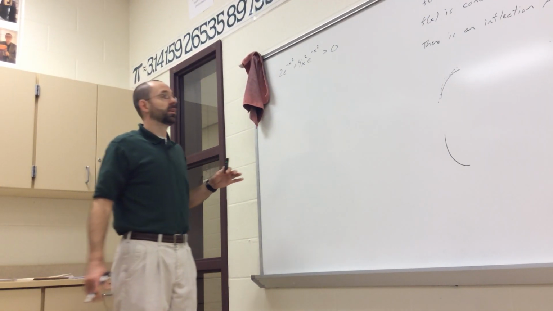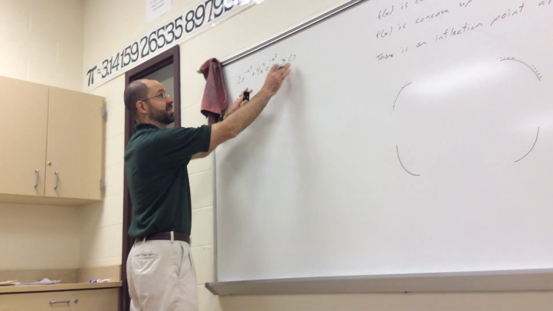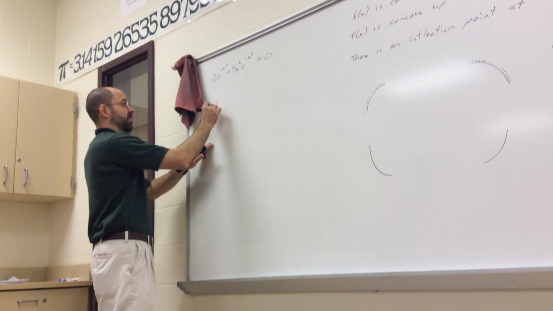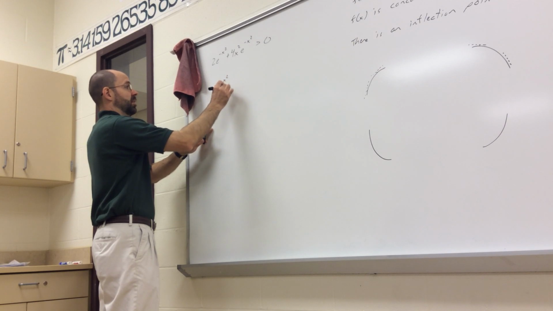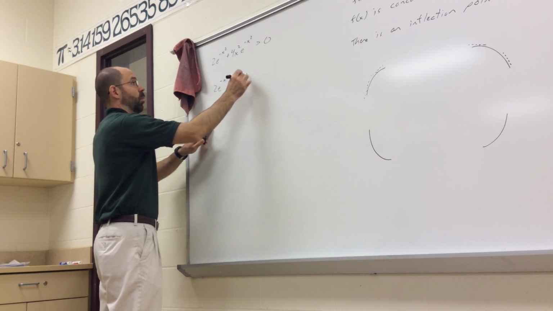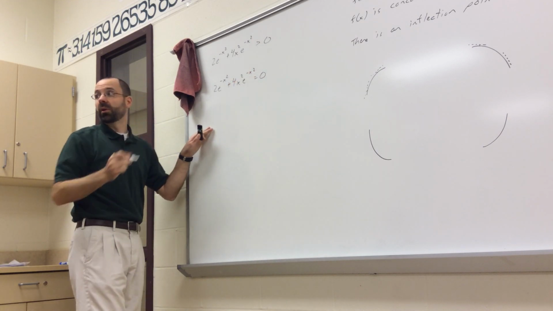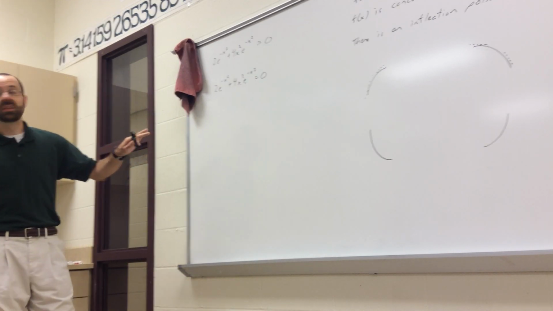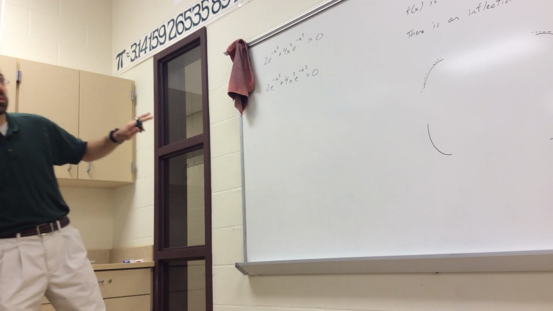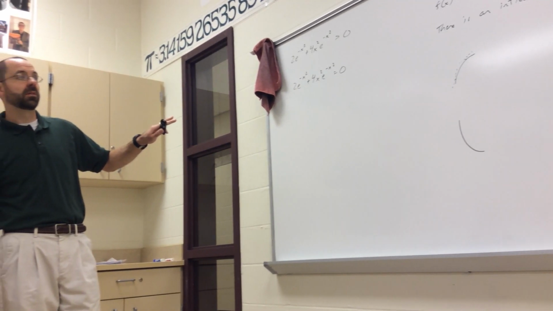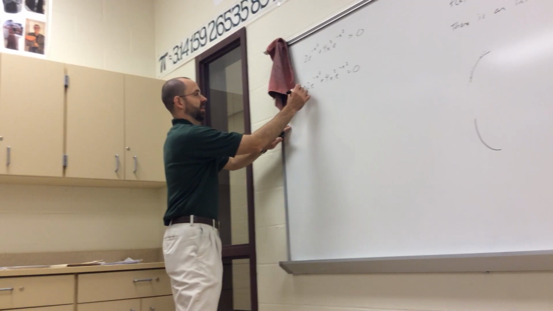Good. All right, so to figure out when this mess is bigger than 0, I have to find the possible switching places, and that's when this mess is 0 or when this mess is undefined. Did I miscopy something? Just this right here should be negative.